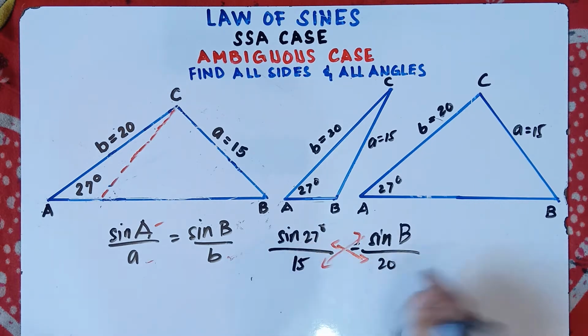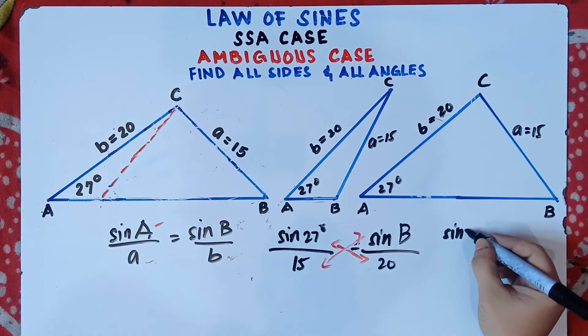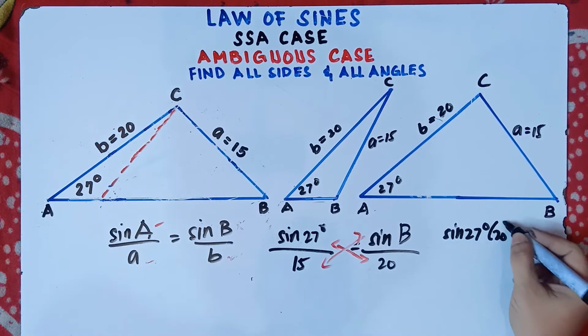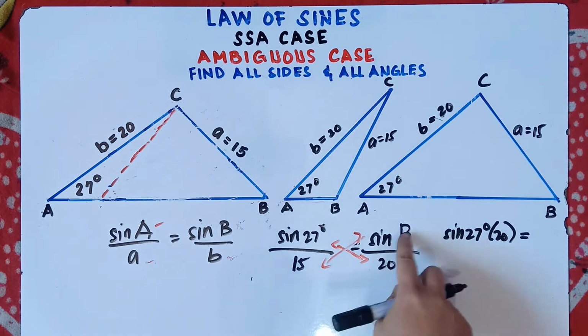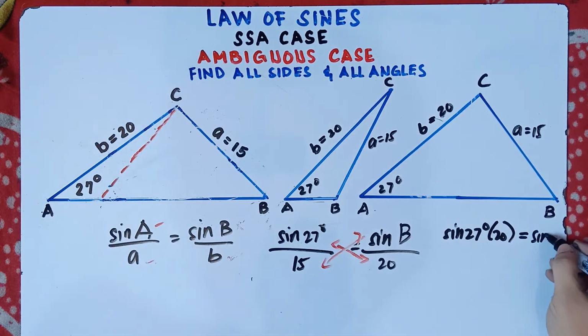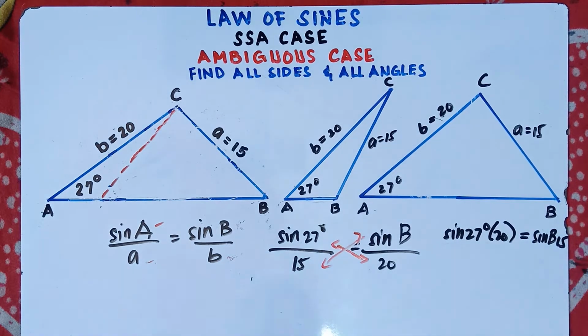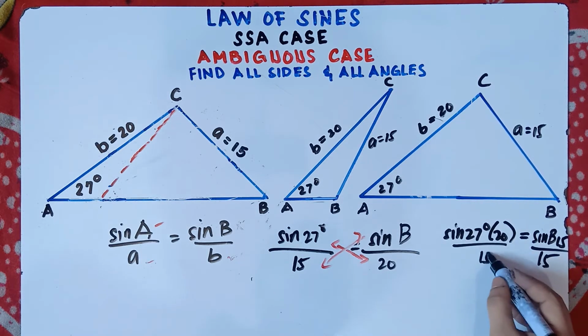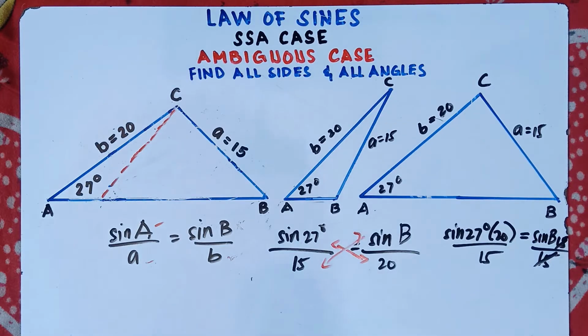So sine 27 degrees times 20 equals sine B times 15. Now to get angle B, divide both sides by 15 so that we can cancel this 15.